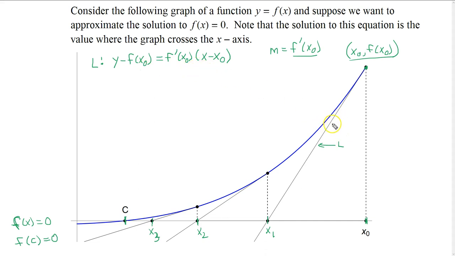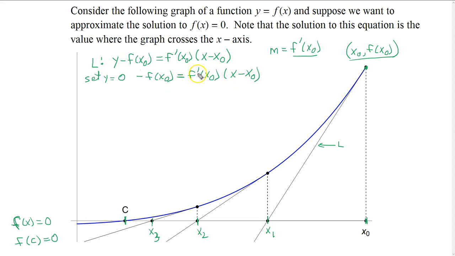Now we want to find where L crosses the x-axis, and that's going to be our x1. So to find where L crosses the x-axis, we set y equal to 0 and solve for x. So if we set y equal to 0, then we get this, and now we have to solve this equation right here for x.